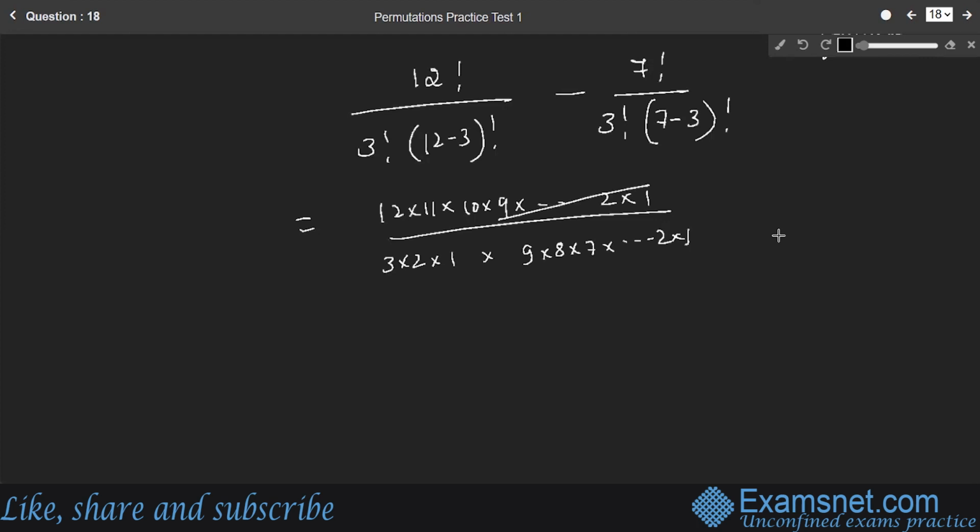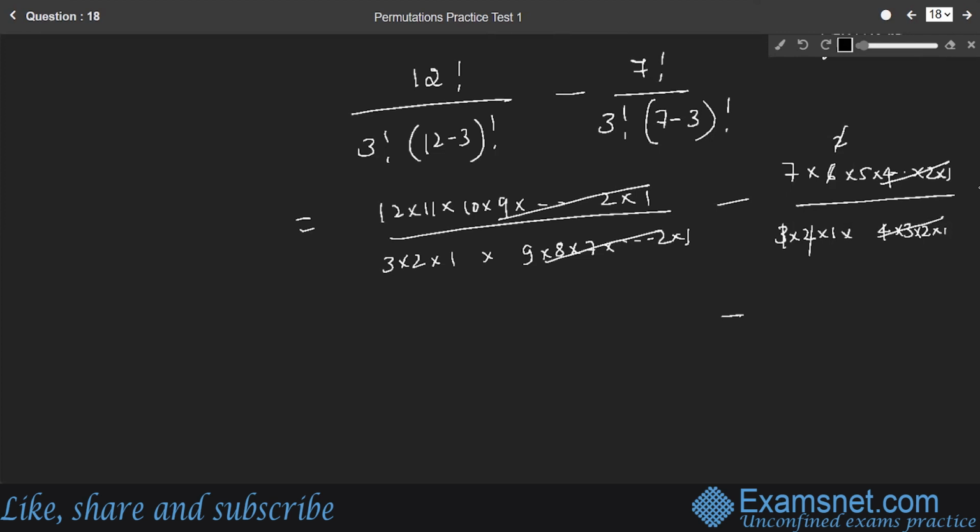So you can cancel these two parts. Minus 7 factorial is 7 into 6 into 5, so on up to 2 into 1, and in the denominator we have 3 into 2 into 1 into 7 minus 3 factorial, which is 4 into 3 into 2 into 1. This part will get cancelled. So we have 3 into 2, 6, and 2 and 2 will get cancelled.